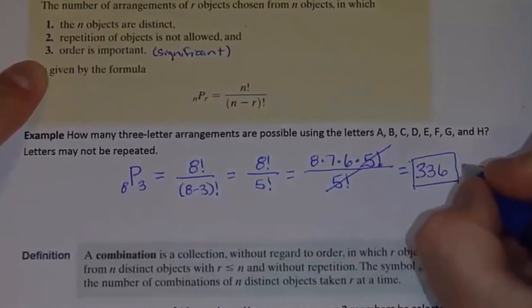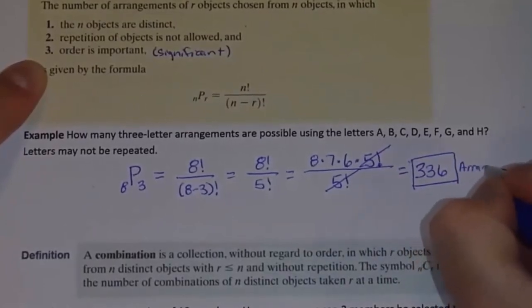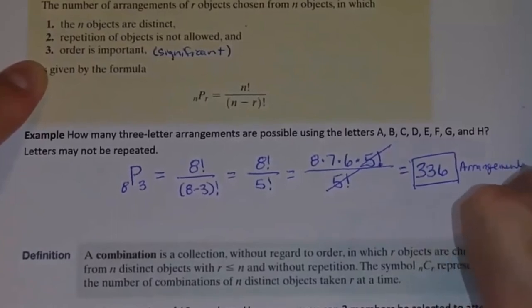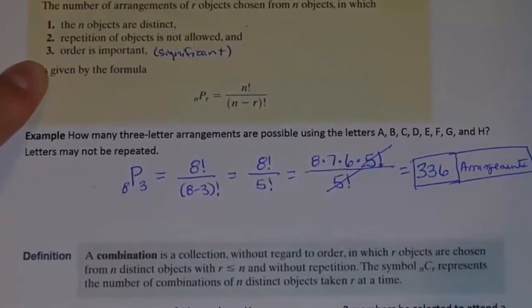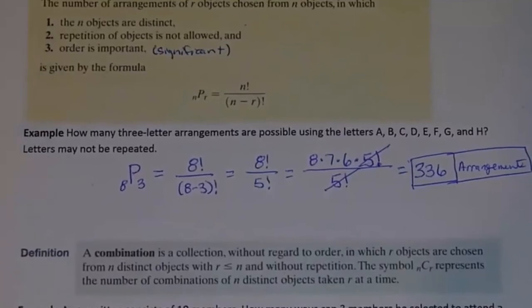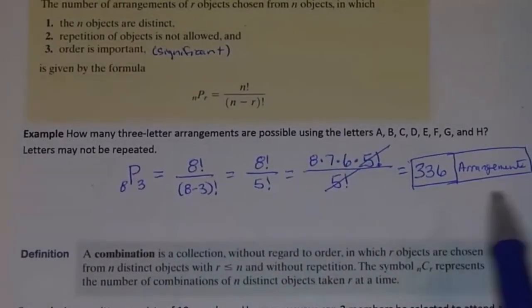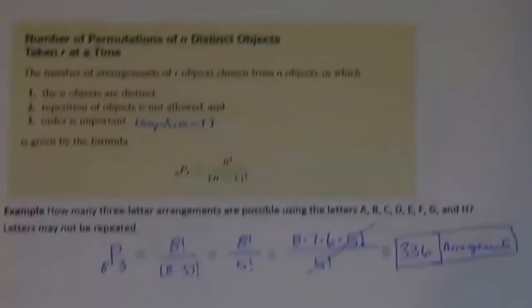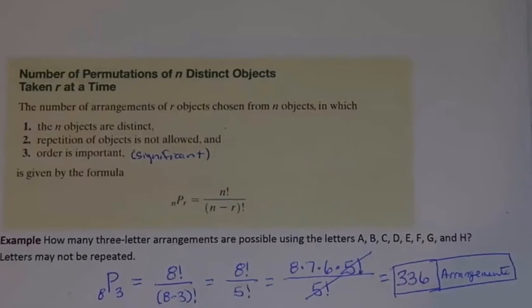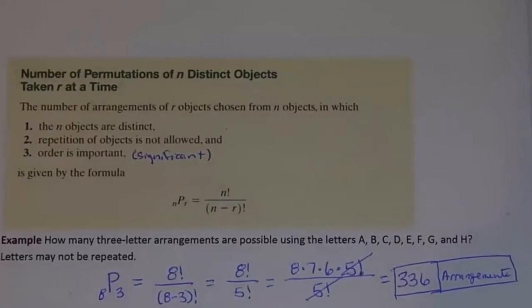Oops, I didn't put my units on there. That would be arrangements. So 336 arrangements. Now, if I was allowed to repeat letters, I wouldn't get the same answer. If repetition of letters was allowed, then I could have like A, A, A as one possible arrangement.